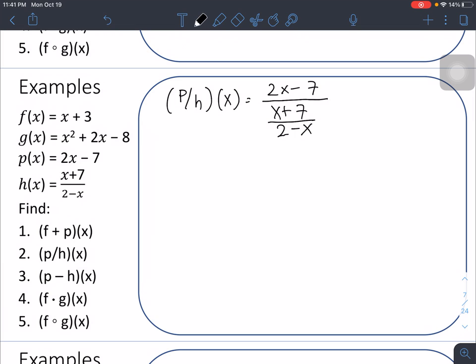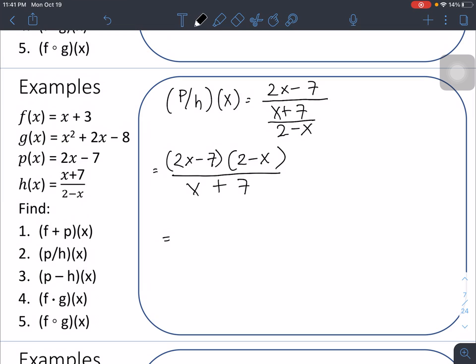Since this is a complex fraction, we can further simplify this one. So this will be 2x minus 7 multiplied by 2 minus x over x plus 7.